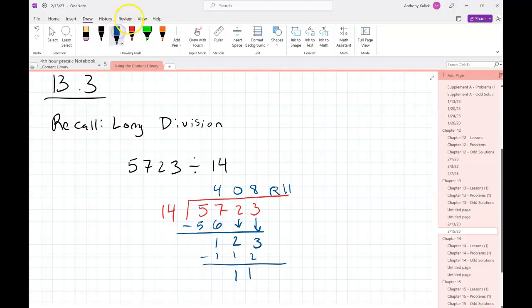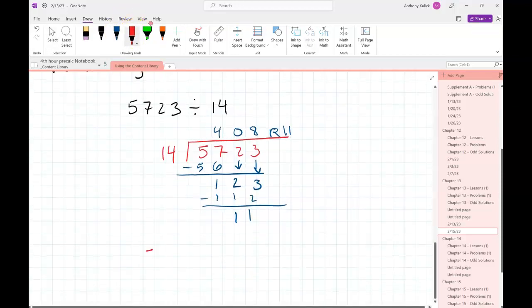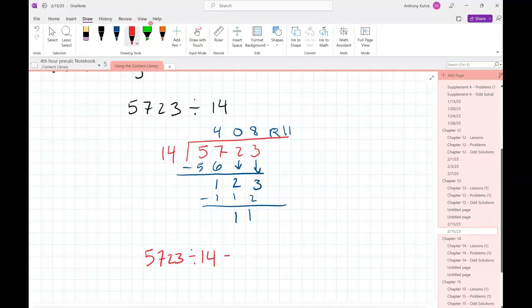So the way we'd write our answer then is we say that 5,723 divided by 14 is equal to 408 plus 11 over 14. Little quick piece of vocab here. What do we call that number 5,723? What part of the division problem is that called?